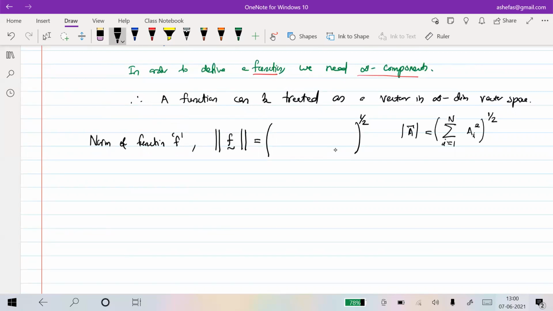So instead of the summation, we have to go for integration. Instead of a_i squared, I have to write mod f of x squared dx. So that will define the norm of the function.